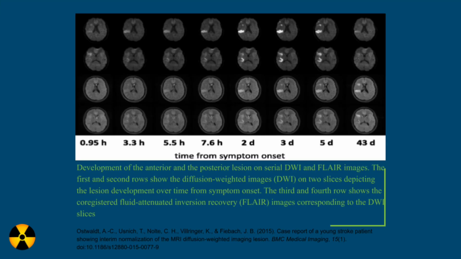Here we have development of the anterior and the posterior lesion on serial DWI images and FLAIR images. The first and second rows show the diffusion-weighted images on two sides depicting the lesion development over time from symptom onset. The third and fourth rows show the co-registered fluid attenuated inversion recovery images corresponding to the DWI slices.